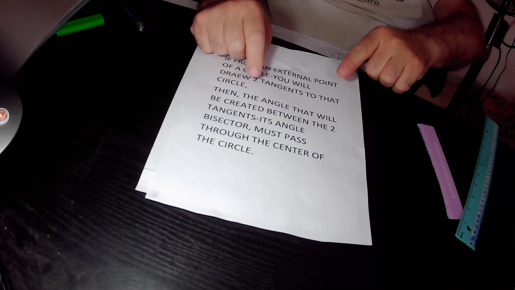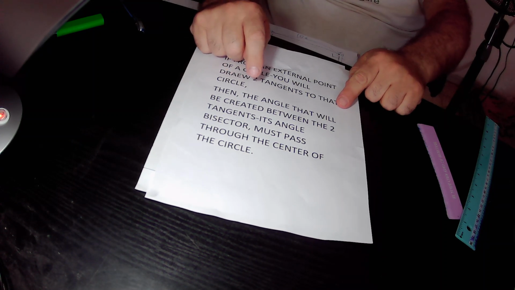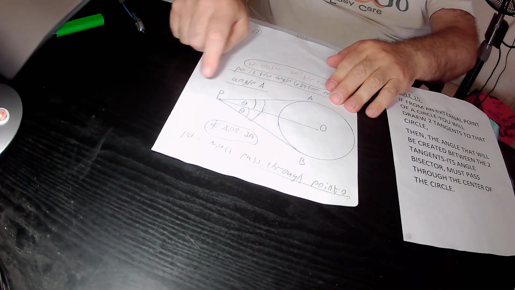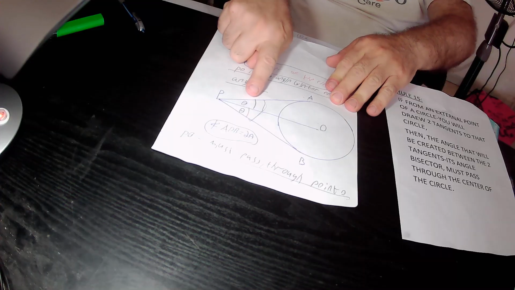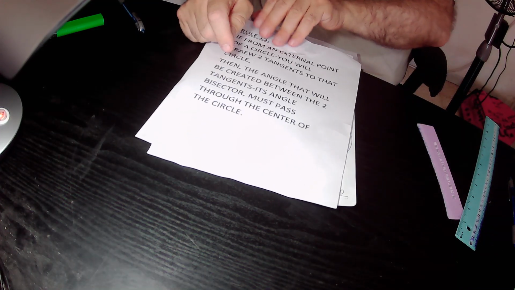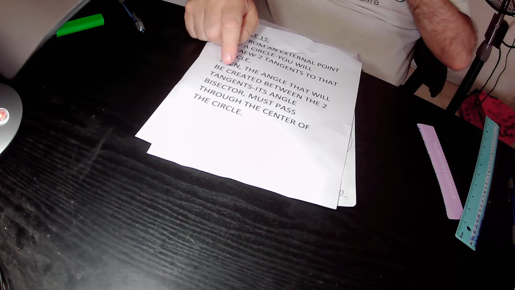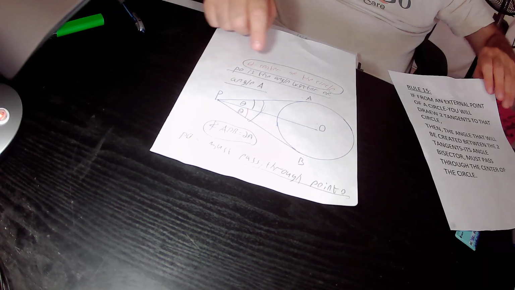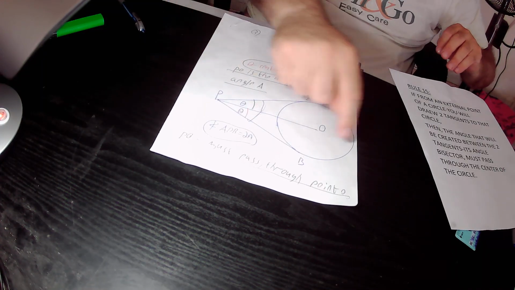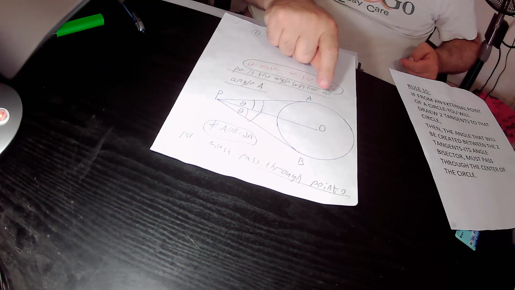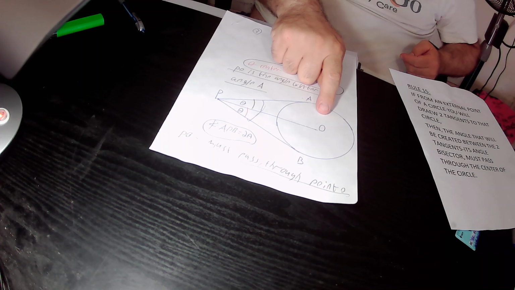Then the angle that is created between tangent PA and tangent PB is angle APB. This angle, according to rule 15, its angle bisector must pass through the center of the circle. So according to rule 15, the angle bisector of angle APB must pass through point O, that is the center of this circle.